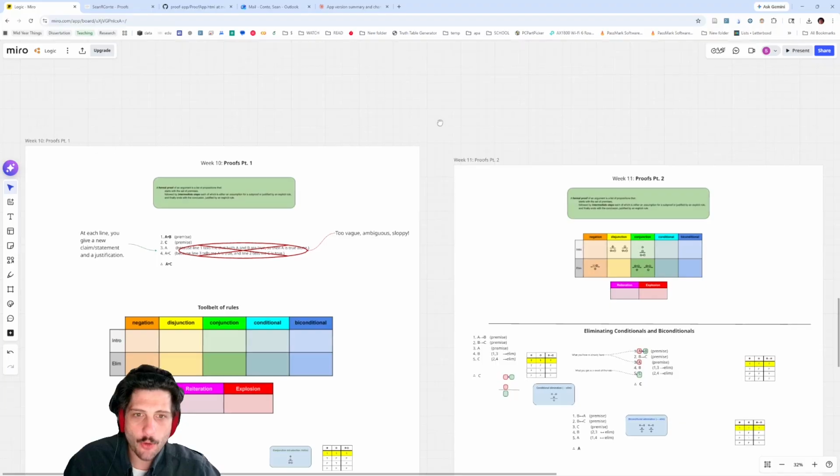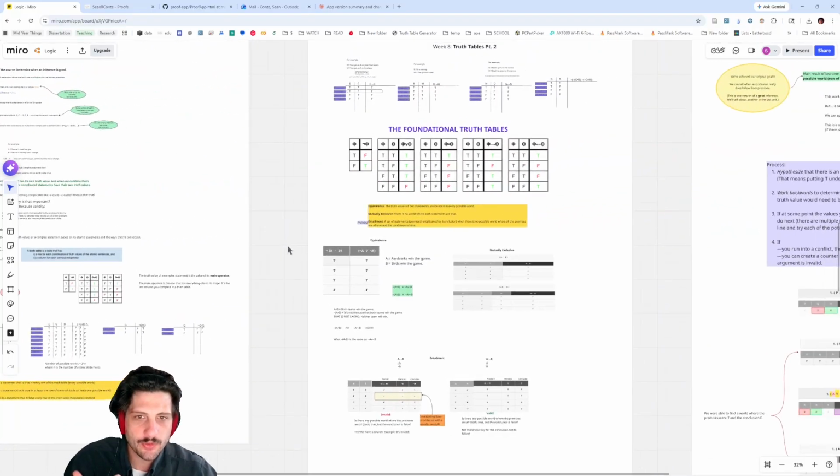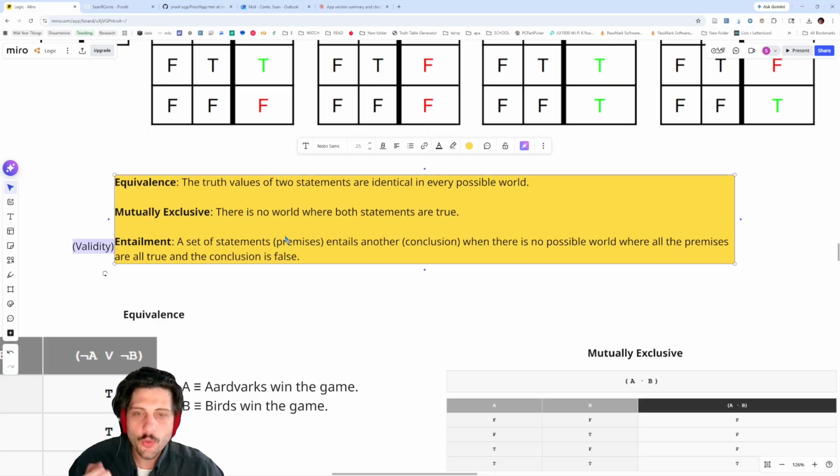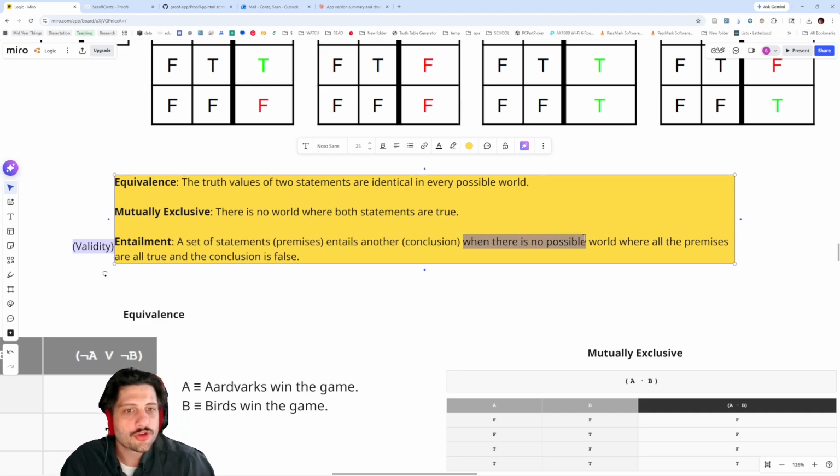Let's think back to how we were doing this with our truth tables when we said that an argument is valid, right? The idea was we said, okay, we have some statements that we're going to call premises, and they entail another conclusion when there's no possible world when the premises are true, but the conclusion's false.